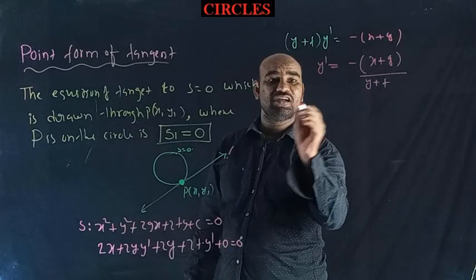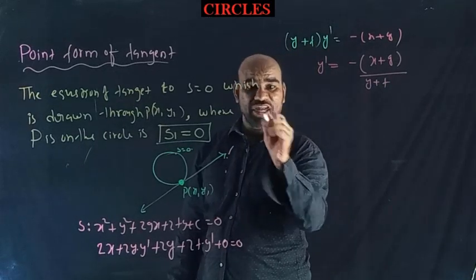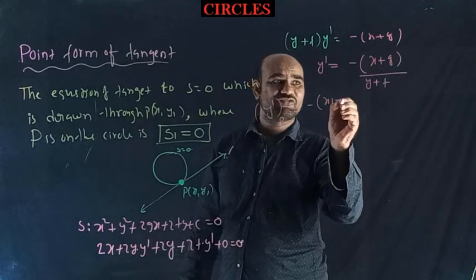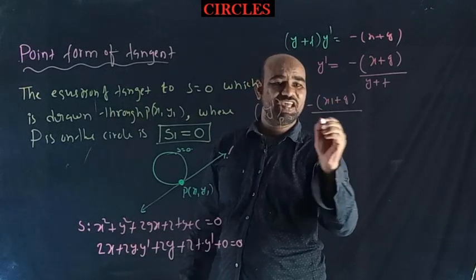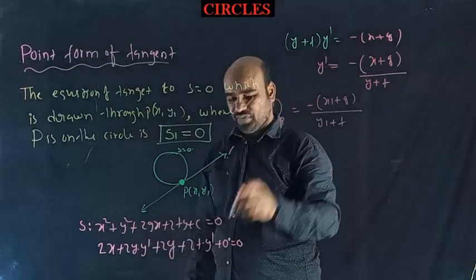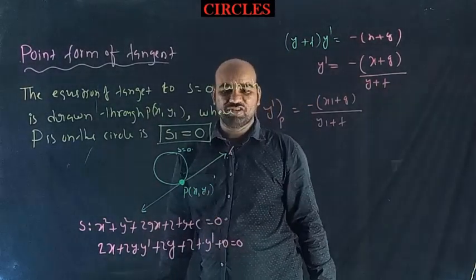So y' at point P, that means (x1, y1), is nothing but minus (x1 + g)/(y1 + f). So we have slope and point. You can find the equation of the tangent.